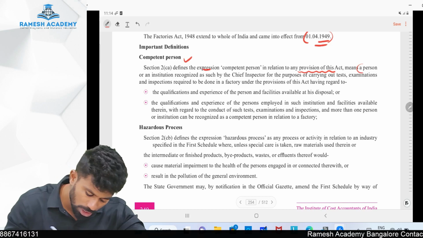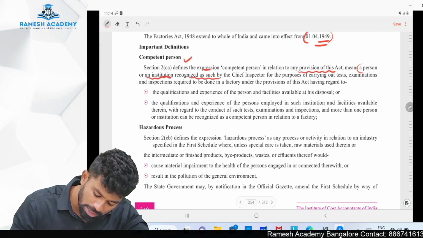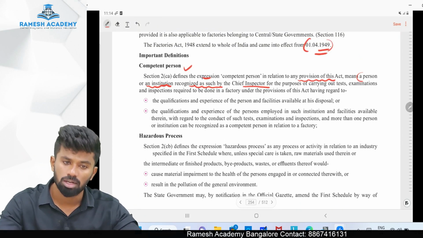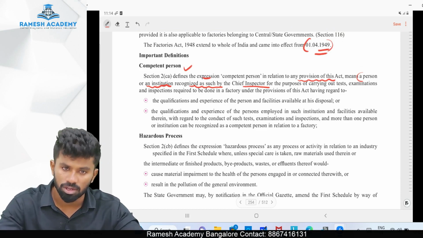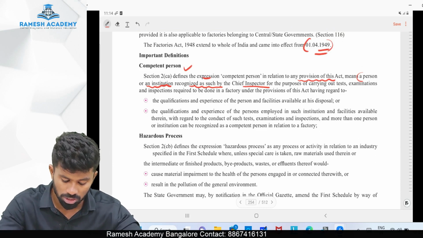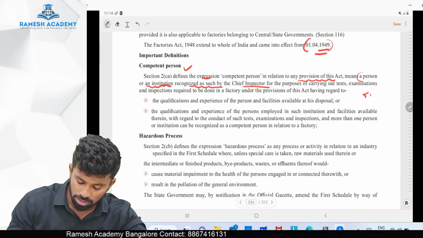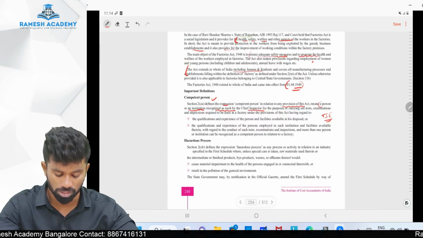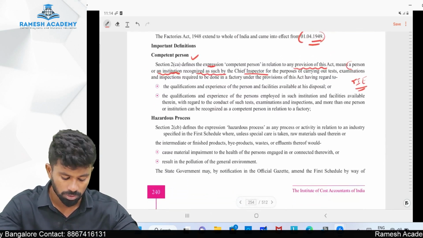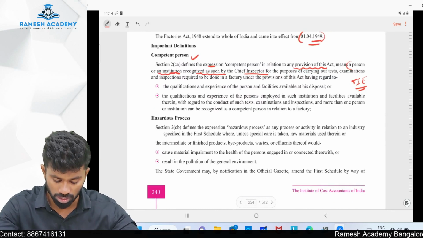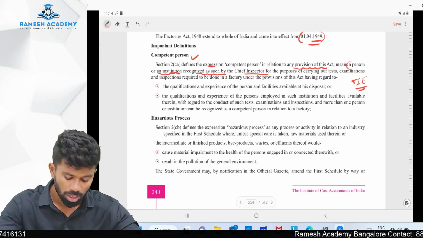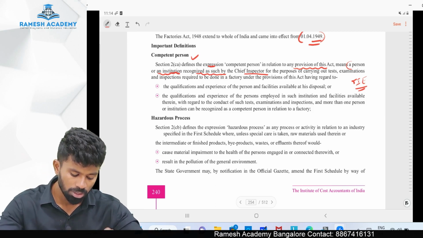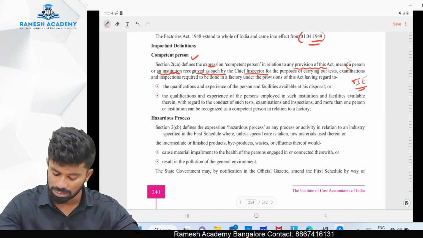It means a person or an institution recognized as such by the Chief Inspector, for the purpose of carrying out tests, examinations or inspections required to be done in the factory under the provisions of this Act, having regard to the qualifications and experience of the person and facilities available at his disposal, or the qualifications and experience of persons employed in such institutions and facilities available therein with regard to the conduct of tests, examinations and inspection.